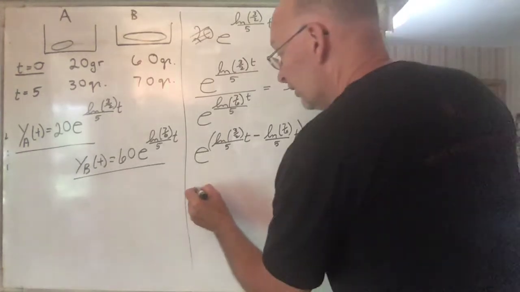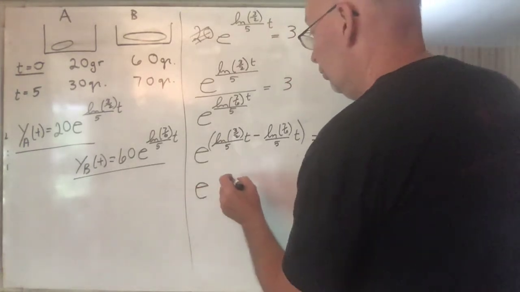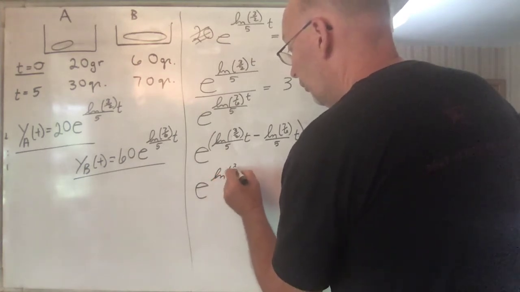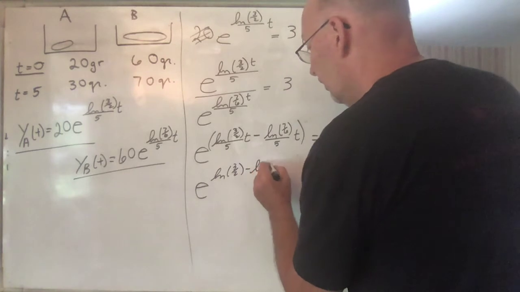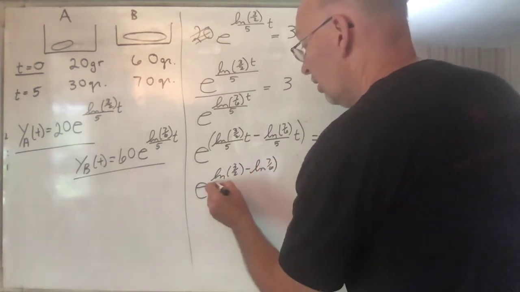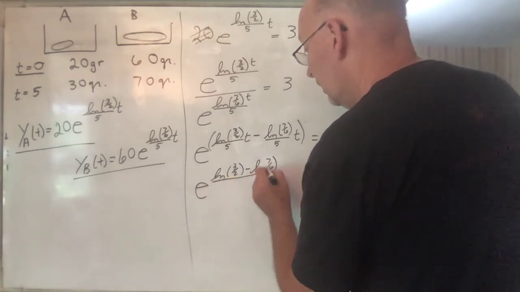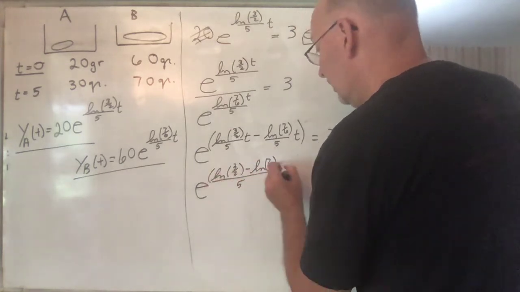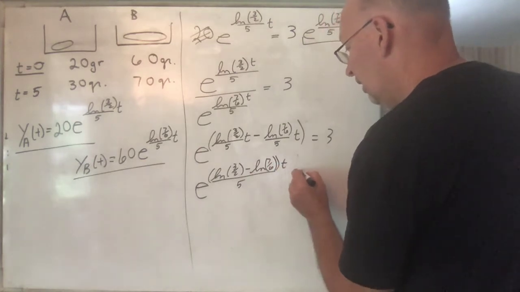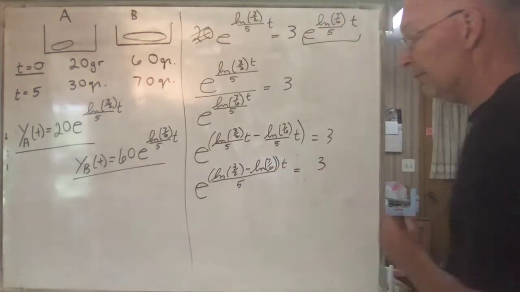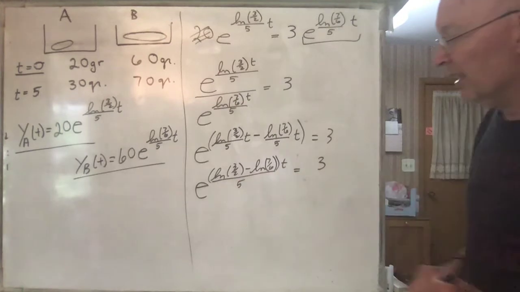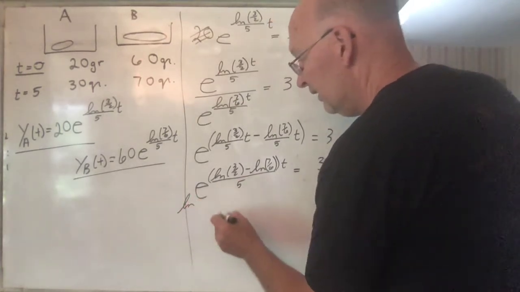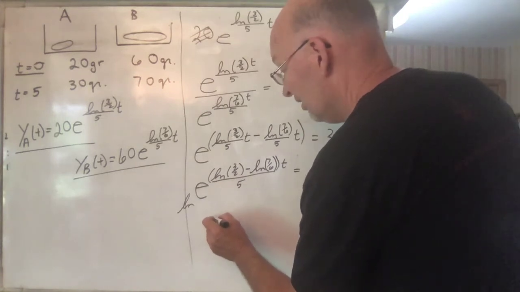And now I can go e to the ln of 3/2 minus the ln of 7/6, all divided by 5, all times t is equal to 3. And now I can take the ln of both sides. If I take the ln of this side, ln of e to anything is just going to be this.